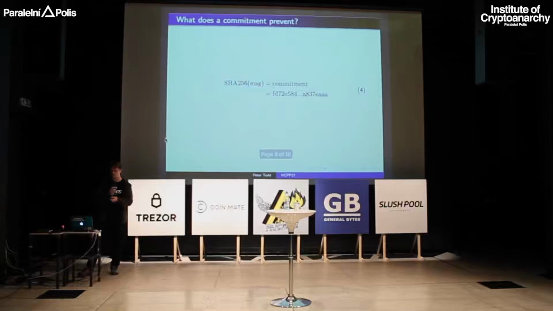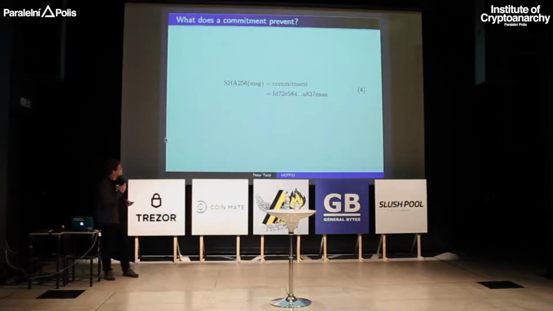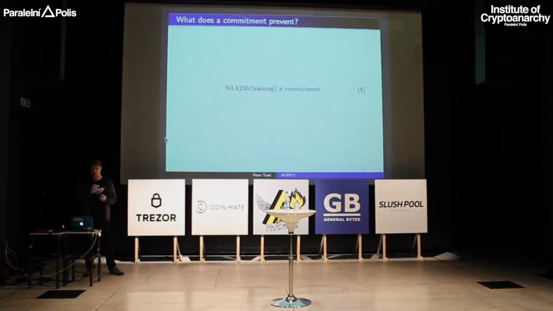Well, what was I actually doing there? In terms of the math, I used the SHA-256 function, and I took my message, which happened to be my answer to what I thought this exploit was, and I hash that, and I generate this commitment, which is that big hex string. And the key property of that is SHA-256 makes it very difficult to find two messages with the same commitment.